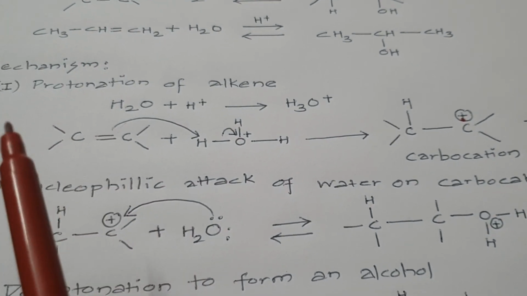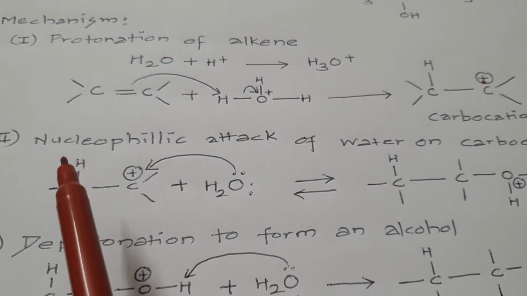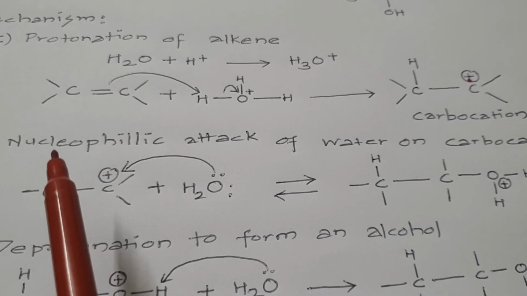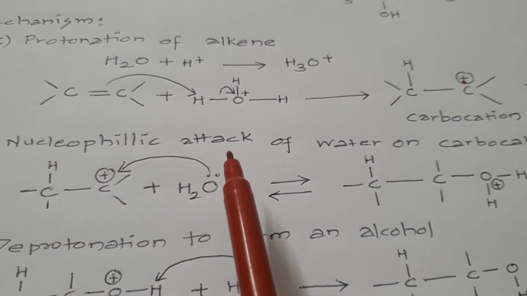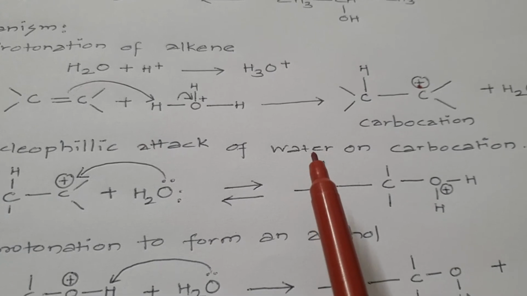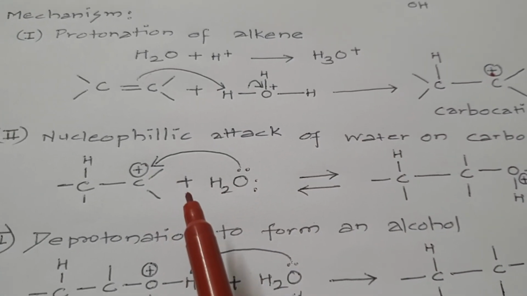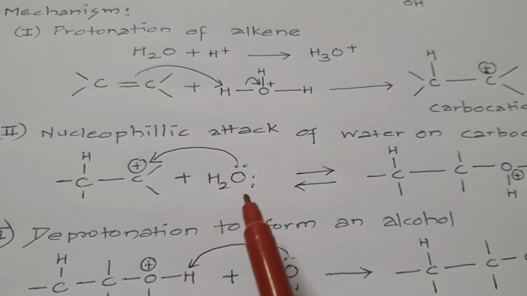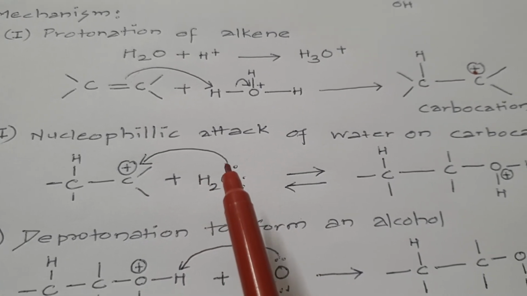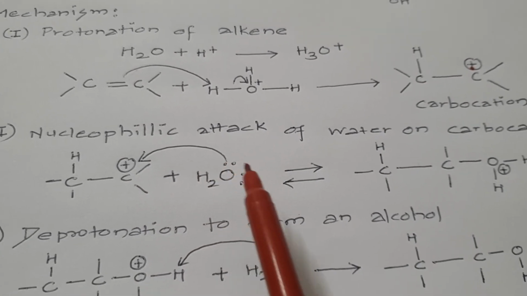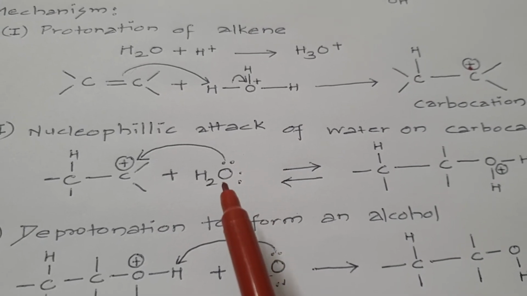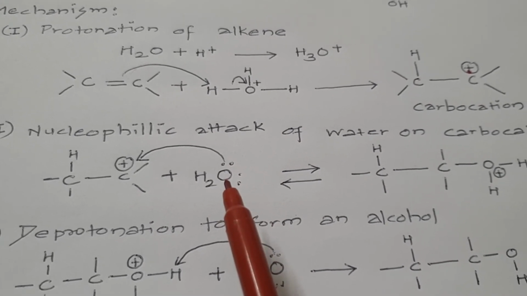Now, what is the next step? In the next step, we have a nucleophilic attack of water on carbocation. Now, what's this nucleophilic attack? Water here has a pair of electrons carried by oxygen.